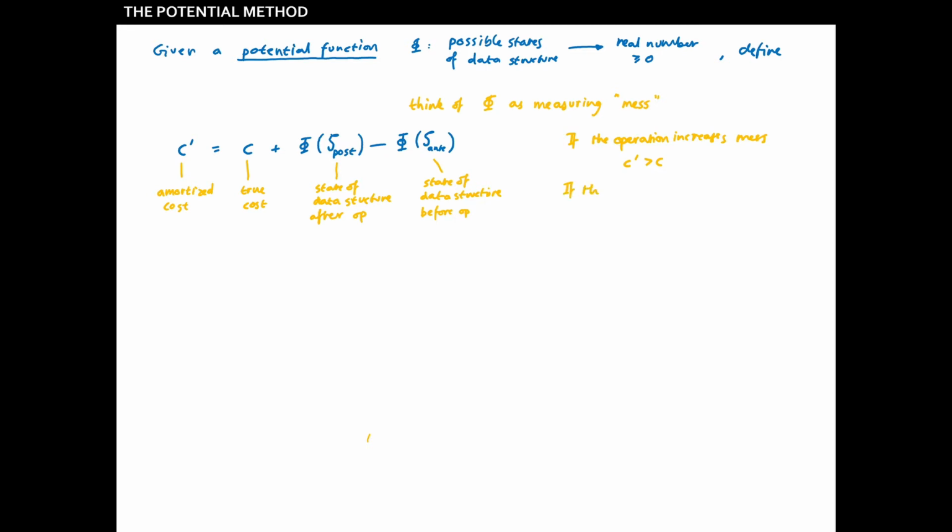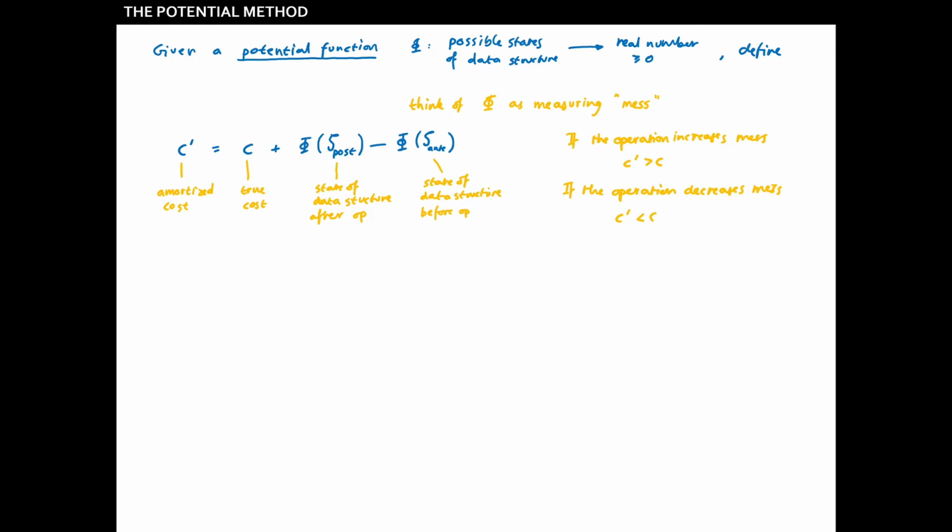If the operation decreases the amount of stored up mess, then C prime will be less than C. So you can see that this idea of a potential, measuring the amount of mess in the data structure, is basically a way of penalizing messy operations. If I'm an operation and I increase the mess in the data structure, I will be assigned a cost larger than my actual true cost.